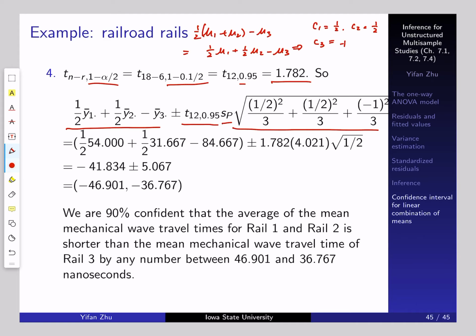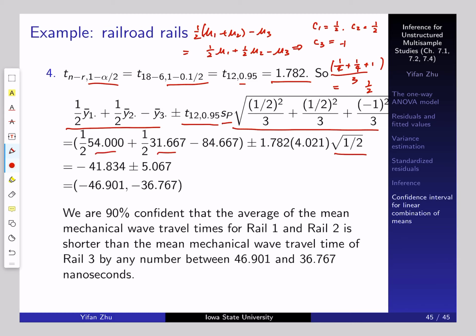So this is 1/4 plus 1/4 plus 1 divided by 3, then that is 1/2 plus 1, that is 3/2 divided by 3, then it is 1/2. So under the square root, we have a 1/2.